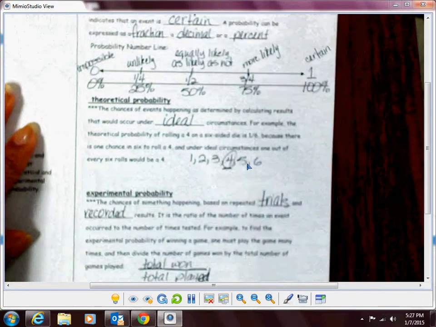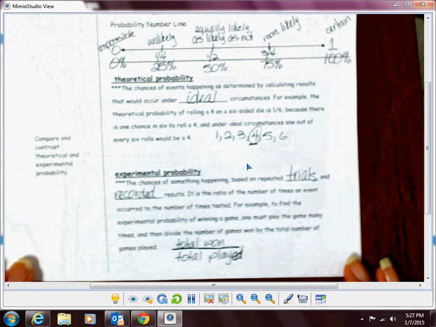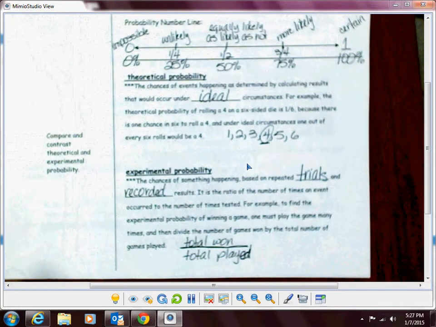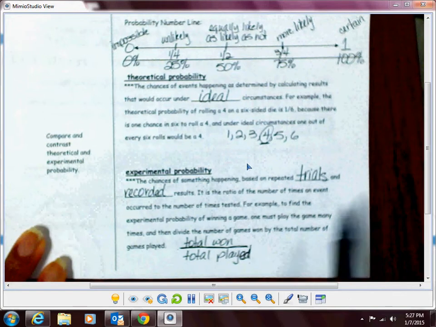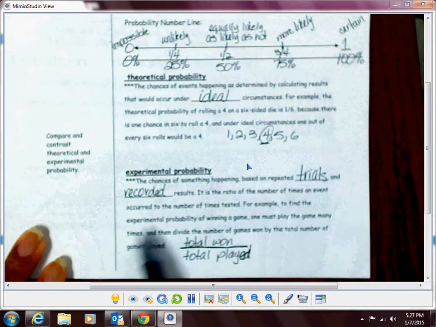Experimental probability, remember, was when we actually perform the trials and then we record the results and we write our probability. So it's based on repeated trials and recorded results.